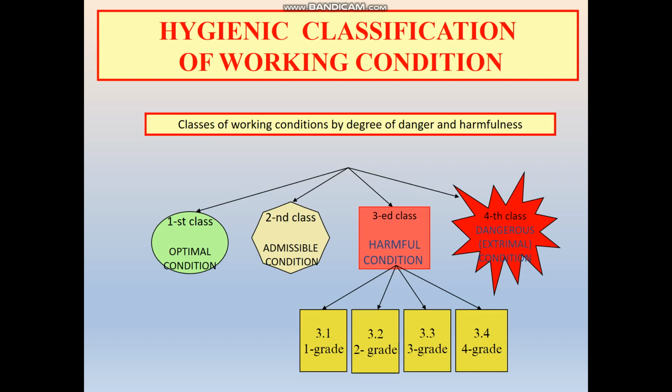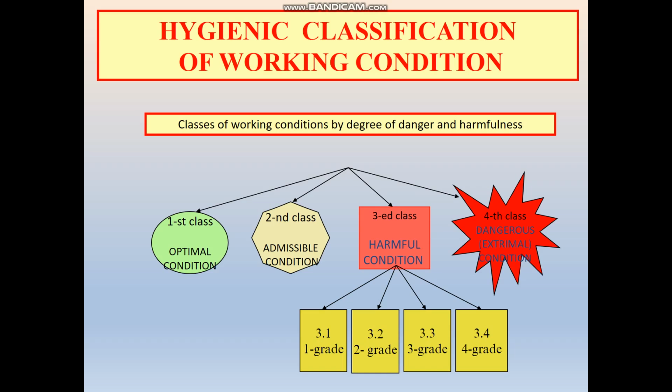Maximum permissible working conditions, type 2, are those with factors which do not exceed the permissible hygienic norm, and any functional changes occurring in the human body are restored at rest or by the beginning of the next work shift. These factors do not cause any health problems in the present generation or in the offspring.